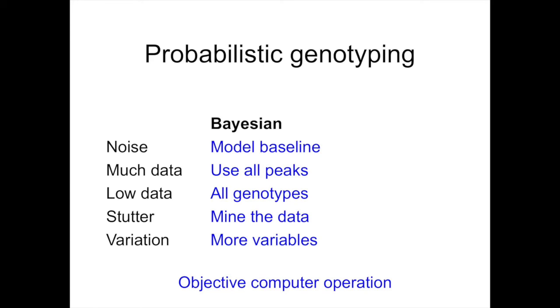With low-level data, it considers all the genotypes, often finding exclusionary match statistics. For distorting factors, like PCR stutter, Bayesian genotyping reaches into the data and mines the evidence to resolve issues. Data variation is addressed by using more variables. The goal is accurate and objective computer comparison.